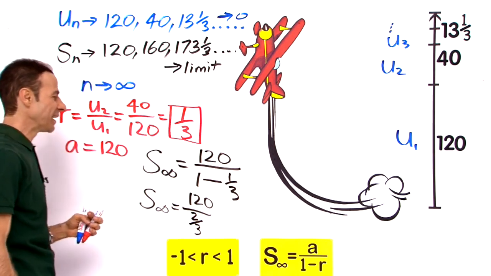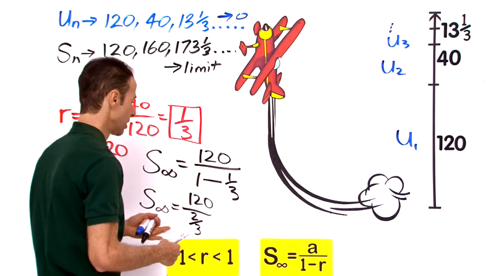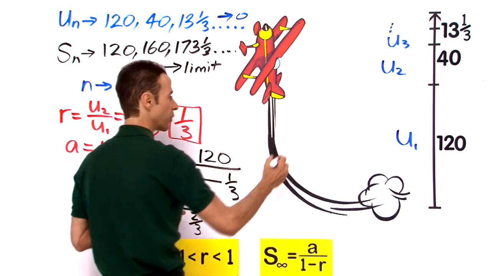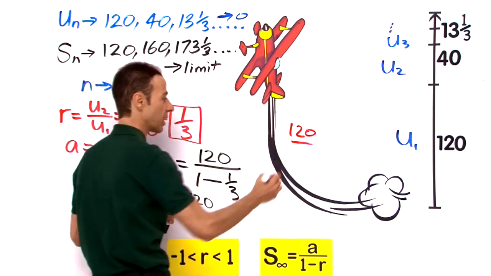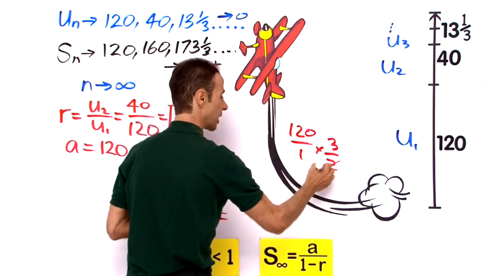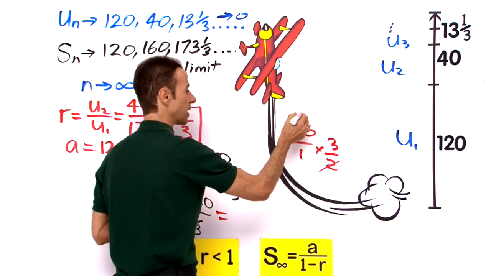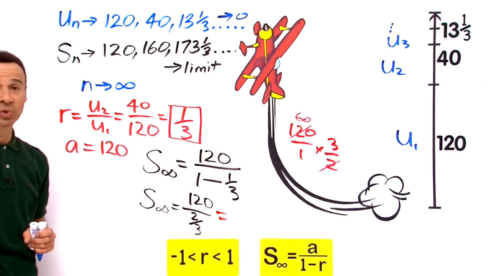All we have to do is further simplify that. So that's going to equal 120 multiplied by the reciprocal, 3/2. Cancel 2's: into 120 goes 60, 3 times 60, and that's going to give us the sum to infinity.